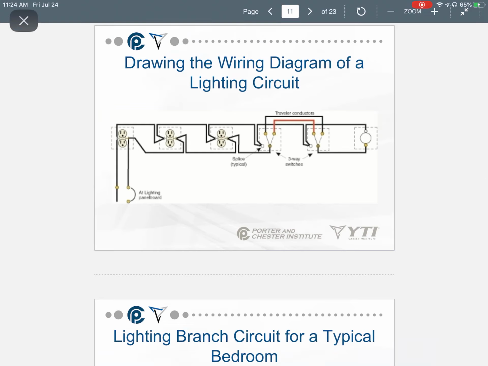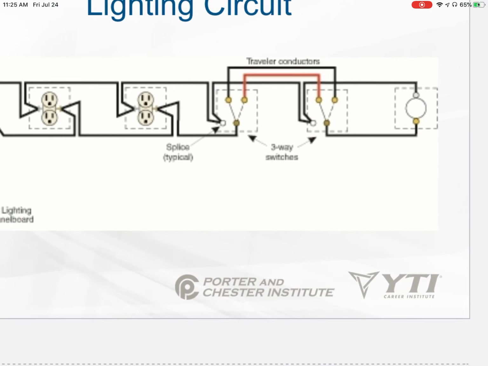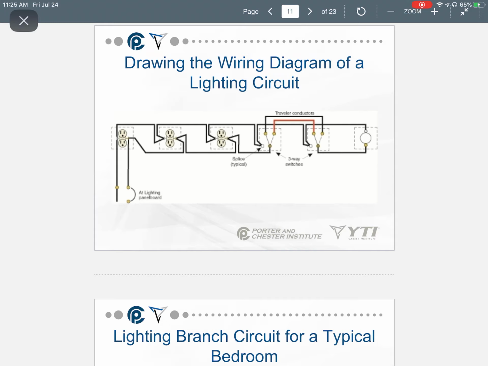So that's the deal with 3-way switches. Power is either going to be coming in or going out. So on our first 3-way switch, we've got power coming into the common. The travelers are basically carrying your circuit. And then coming out of the common on the right-hand side here, that's feeding up to our light.